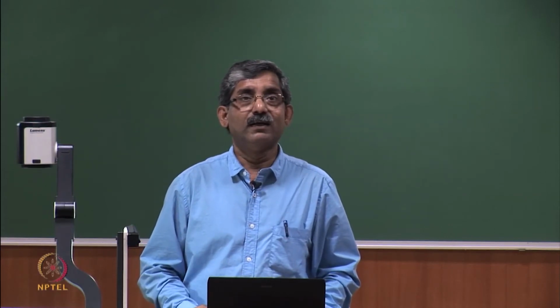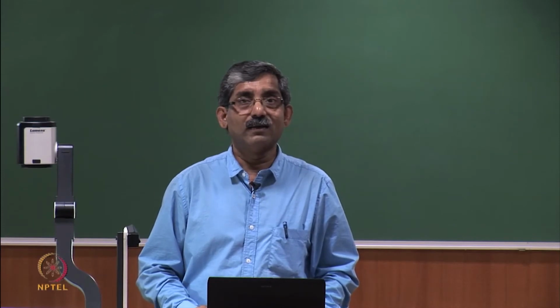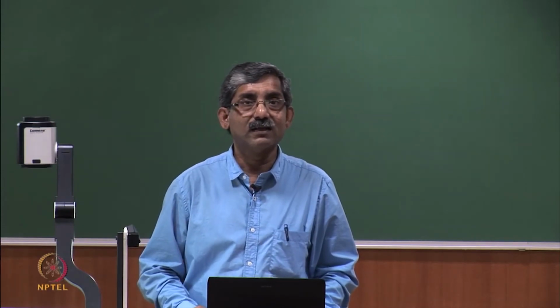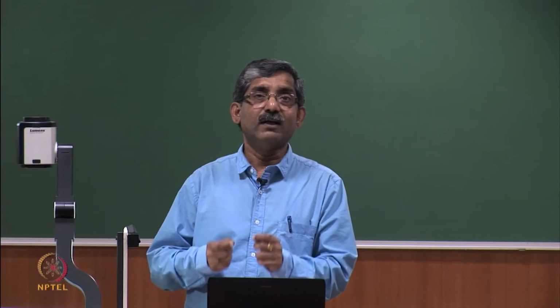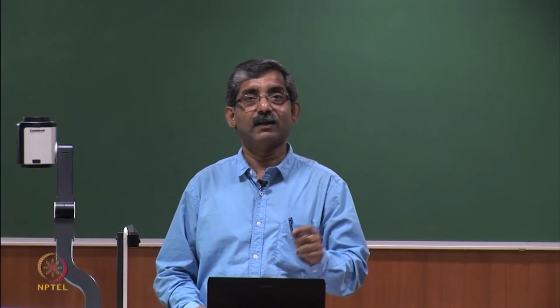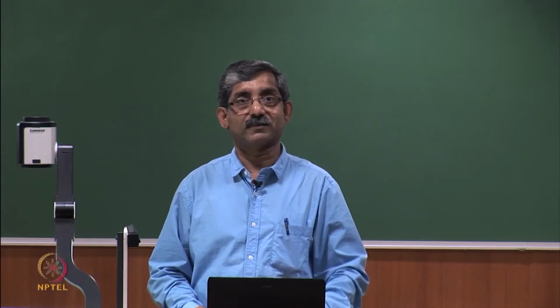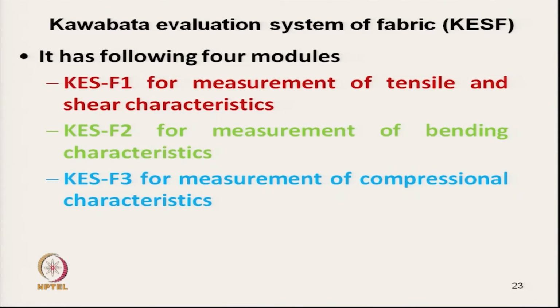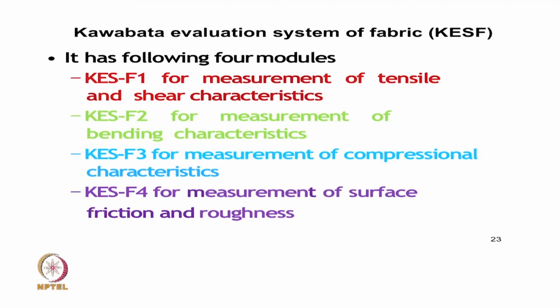Similarly, in KESF 1, the tensile characteristics are measured at a very low level of stress. Similarly, KESF 3 is for measurement of shear characteristics, and KESF 4 for measurement of compressional characteristics, surface friction and roughness characteristics.